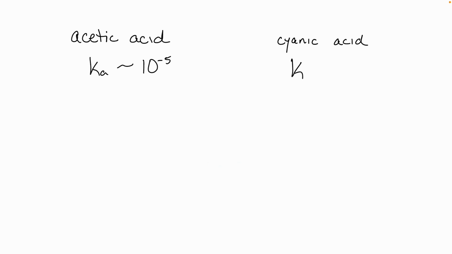For example, I'm going to tell you acetic acid has a Ka of around 10 to the negative 5, whereas cyanic acid has a Ka of around 10 to the negative 10. And I could ask you which acid is stronger?